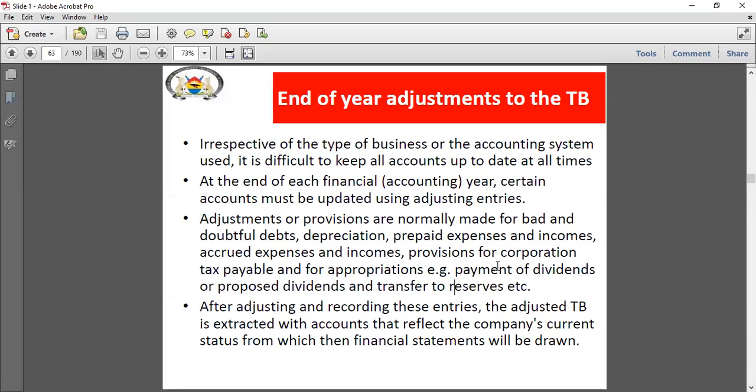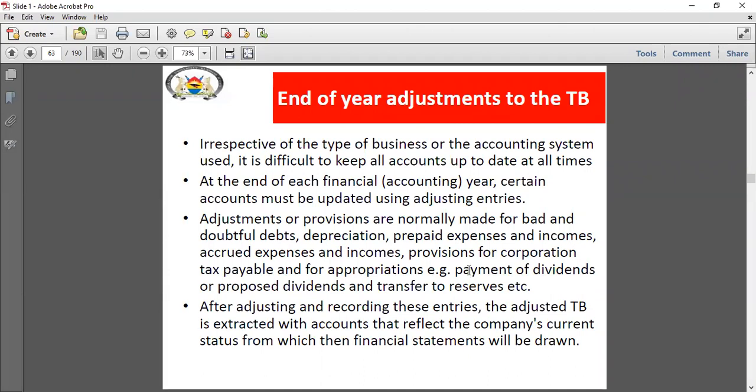And then we have the payment of dividends. You could have some dividends that are declared, and you have to make sure you recognize this in the books of accounts. All this is happening at the end of the year. As businesses, after balancing off and preparing their P&L, after they realize they've made some profits, they go on to declare dividends.